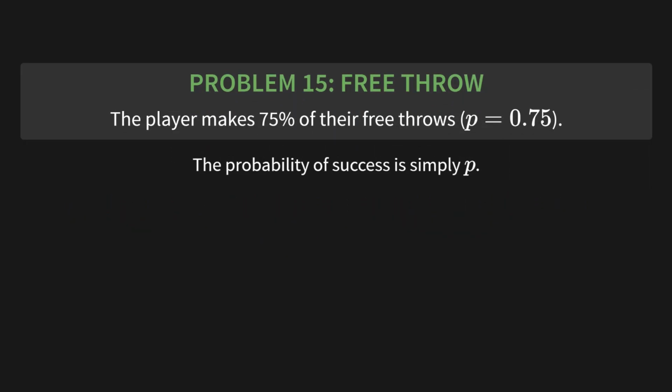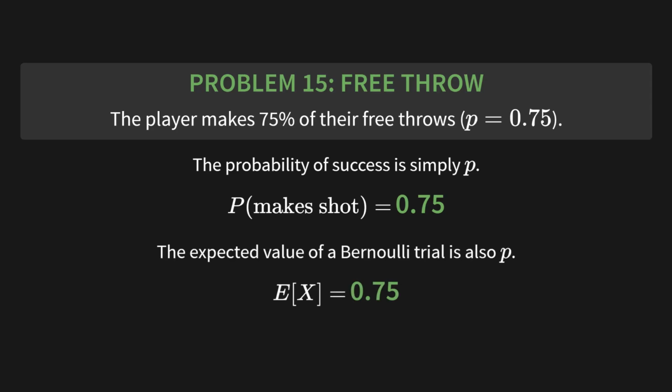The probability of success is simply p itself. So the probability they make the shot is 0.75. And here's the cool part. The expected value of a Bernoulli trial is also p. So the expected value is also 0.75. It's that simple. Great job on this set.